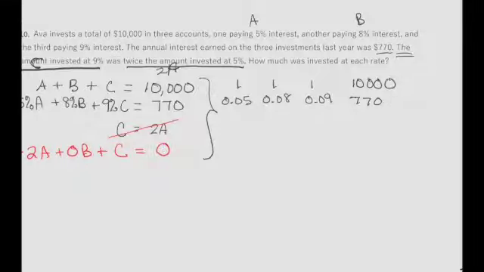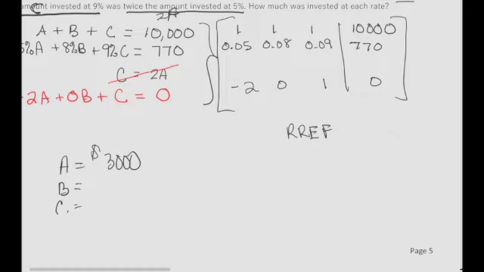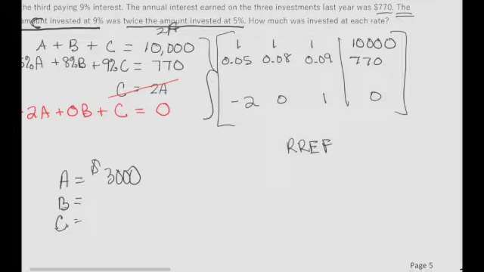The last one is negative 2, 0, 1, 0. That would be your system of equations. You could grab your calculator and practice your RREF, and you should get the A amount is $3,000, the B amount is $1,000, and C would be $6,000 in the 3 different accounts.